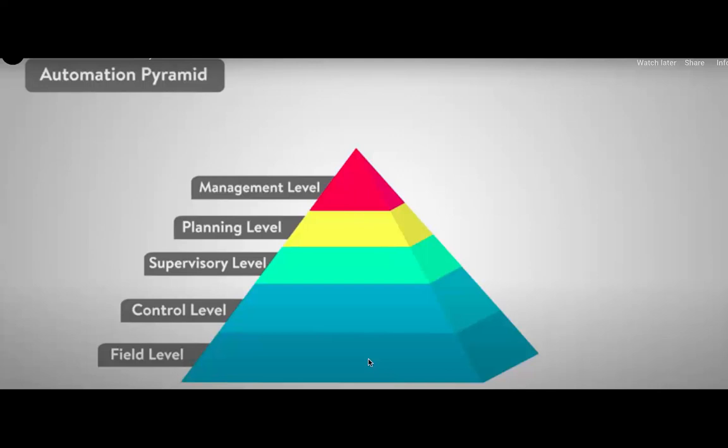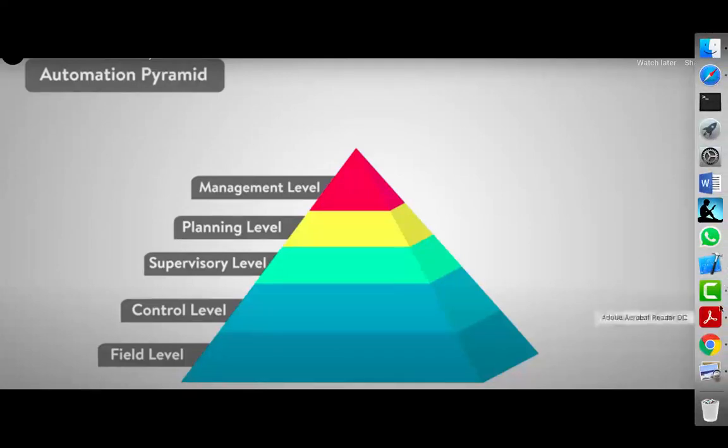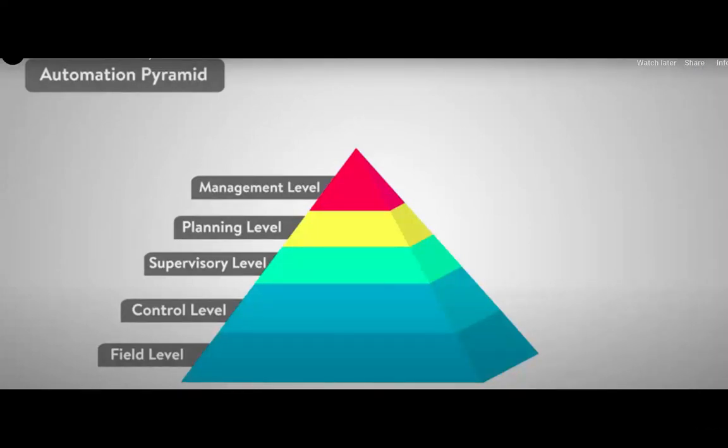It includes production planning, customer, market analysis, sales, etc. It deals more with commercial activities and less with technical aspects. Means in the top layer, management level tasks are performed the most.